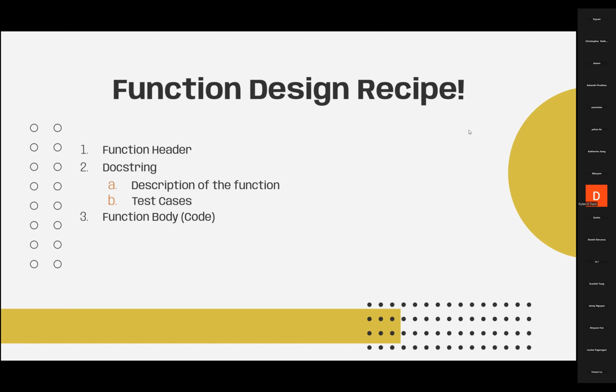For instance, if your function takes in two integers and adds them, you want to specify that it's going to take two variables, what the first variable is called, what the second is called, and what the types of the variables are. And afterwards, what type it's going to return. That's what the function header is for.